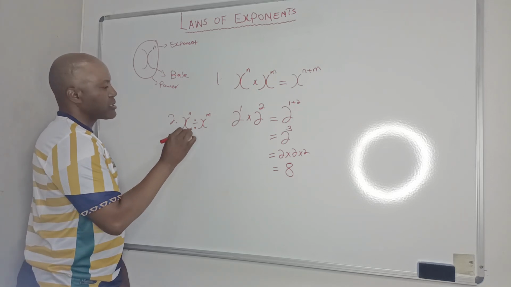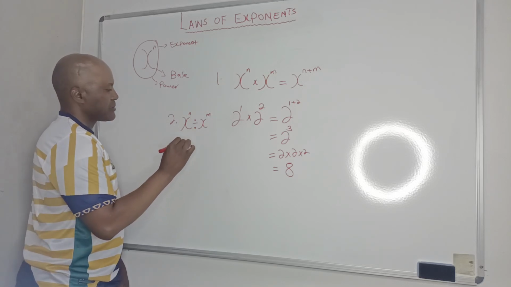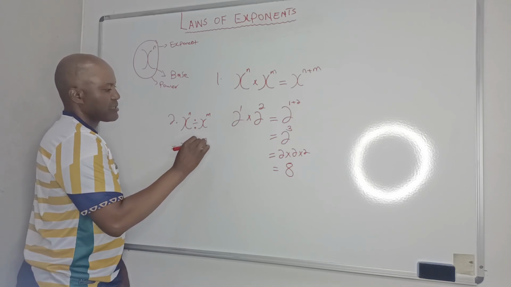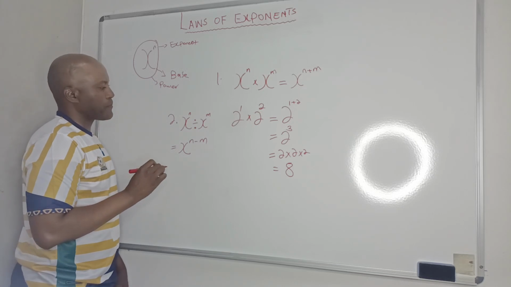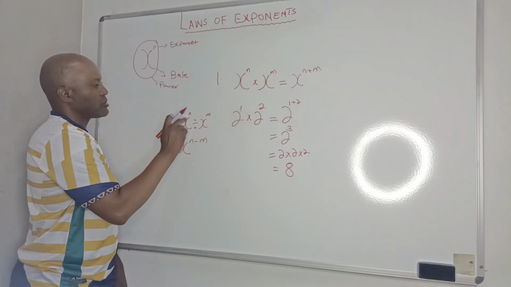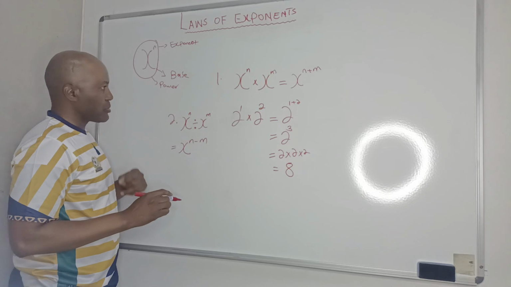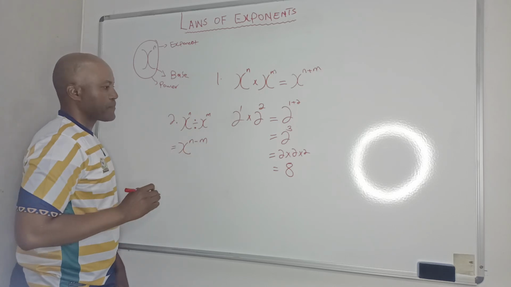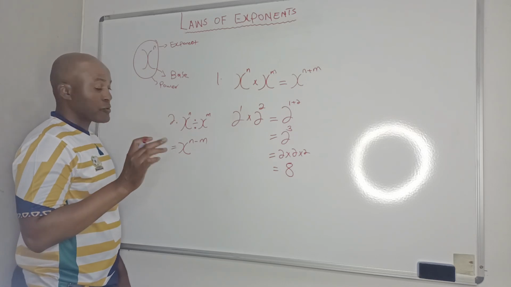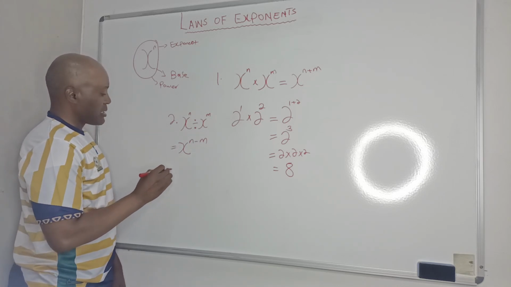You are going to take one base and subtract the exponents, because now we are dividing. Previously we were multiplying, now we are dividing. So take one base and subtract the exponents. Very easy, very simple, but you do not need to forget them. Right, let's go to an example.